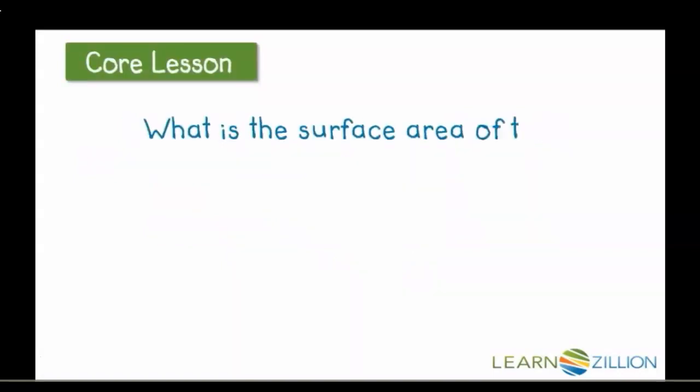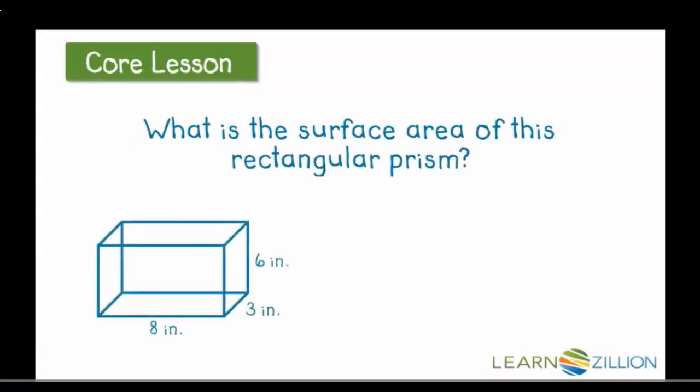Okay, let's jump into the core lesson. The first thing we will be doing today is finding the surface area of this rectangular prism. I want to do a little analysis of this prism before we actually find its surface area. As you remember from previous lessons, it has 2 parallel congruent rectangular faces that are shaded in pink right here, and that pink rectangle is 3 inches by 6 inches.